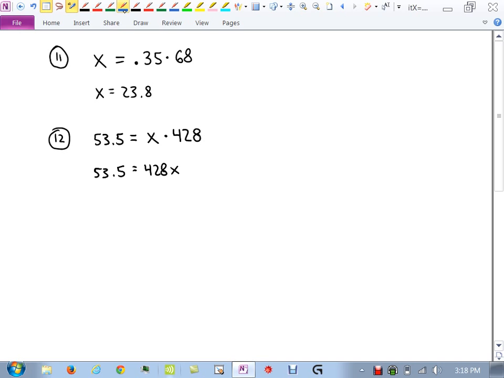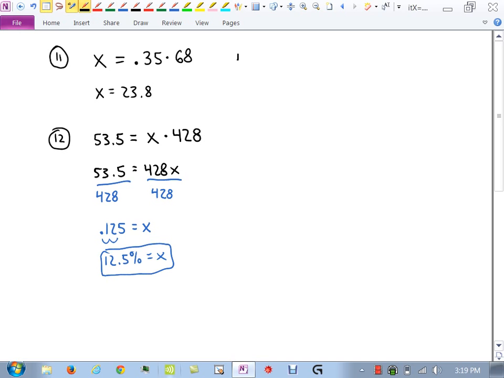So to get x by itself, I'm going to divide both sides by 428. So take 53.5, divide it by 428, and I get 0.125 equals x. But remember, they wanted it as a percentage, so I'm going to move this over 2 decimals and get 12.5% equals x.